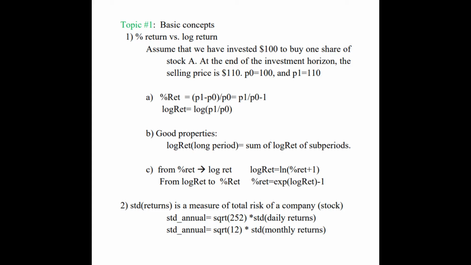The monthly log return is simply a summation of weekly log returns and also daily. So the annual log return is simply the summation of daily log returns. This makes our calculation of annual return very, very simple.